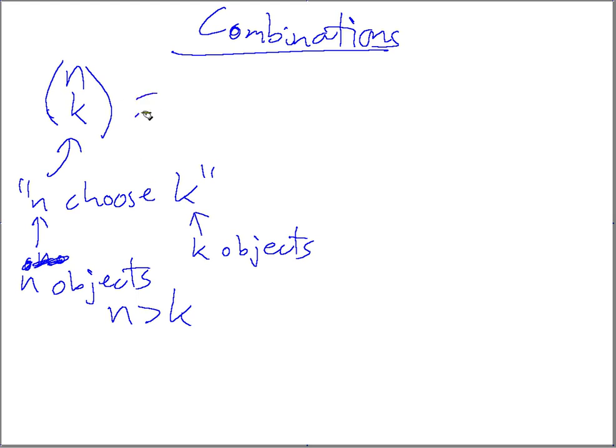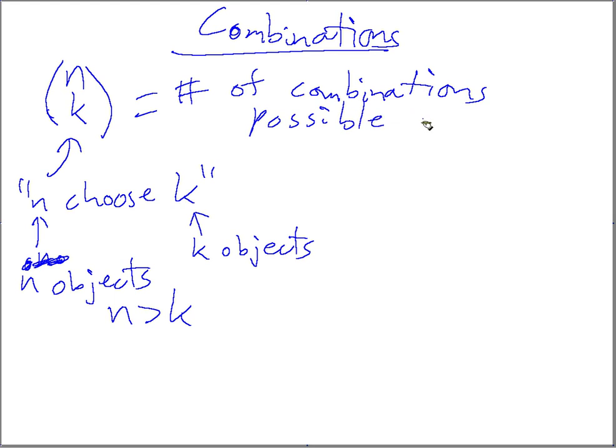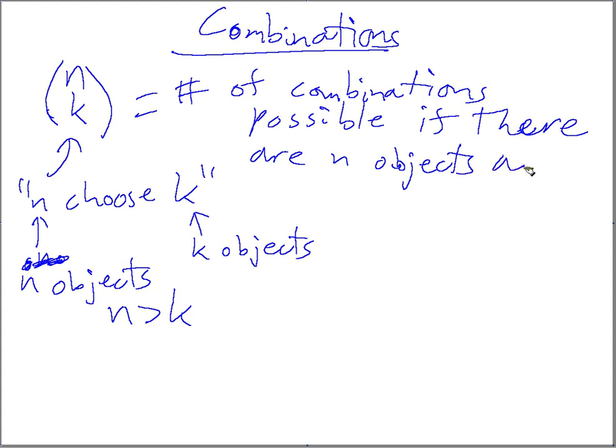So this is equal to the number of combinations possible if there are n objects and we choose k of them. All right, so keep this concept in mind.